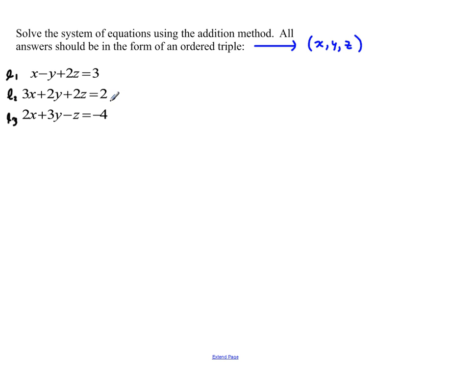Okay, so our job right here is to somehow eliminate one of the variables by adding some variation of our top equation to our bottom two equations. And those bottom two equations, by the way, we should be dropping the same variable each time. So this time I'm going to say, well, let's get rid of the x variable.